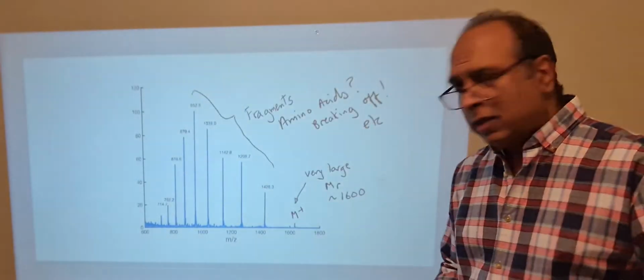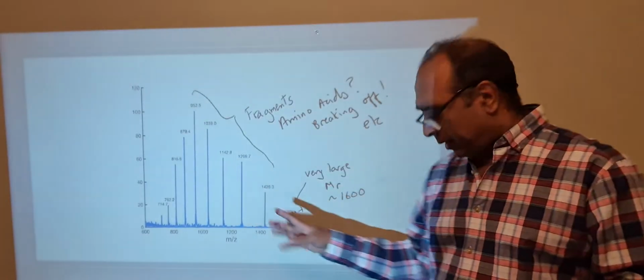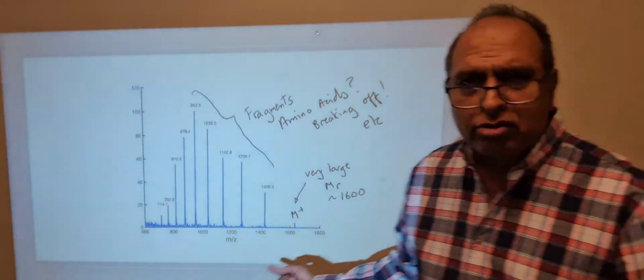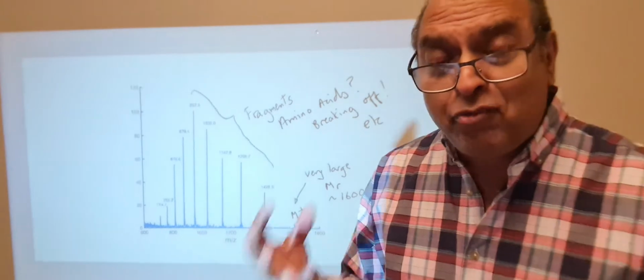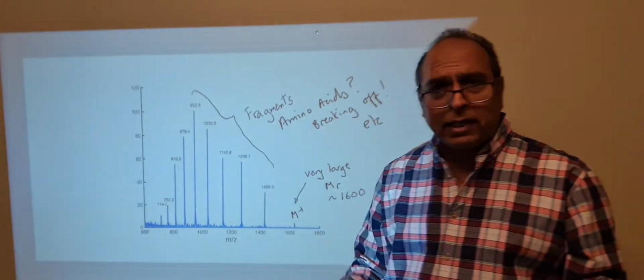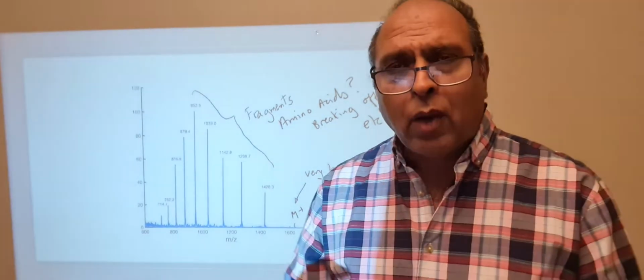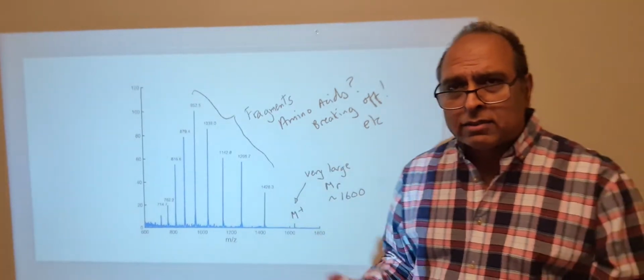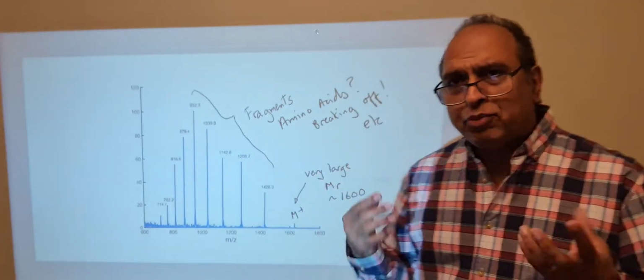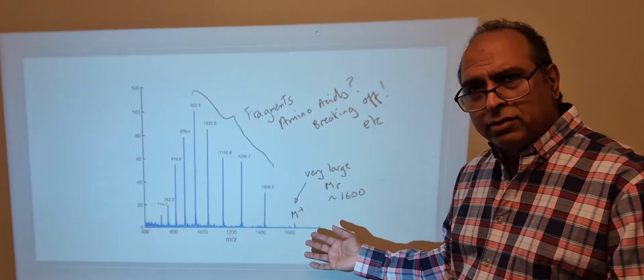The next example, I got this off the internet simply because the m/z values are huge. Now, the really big m/z values mean the RMM, the relative molecular mass, is huge. And what's got a huge relative molecular mass is, I would say, proteins. Proteins have these kinds of numbers.